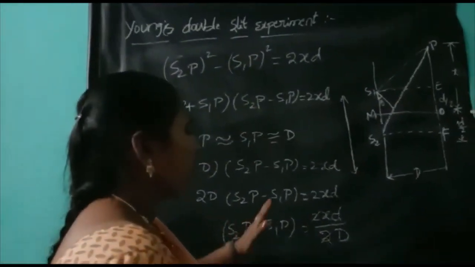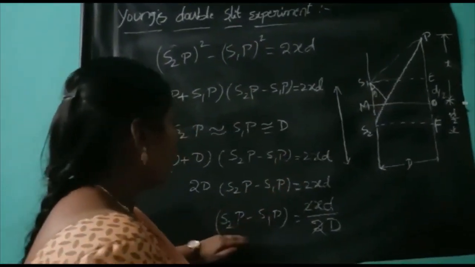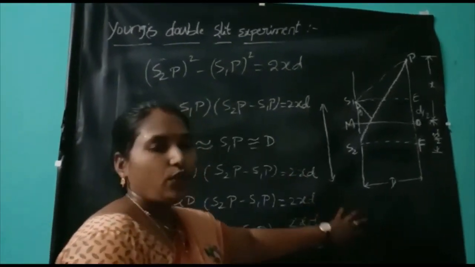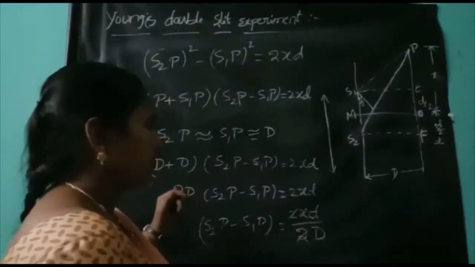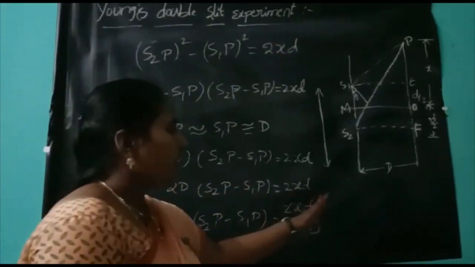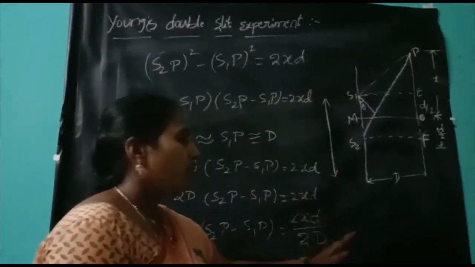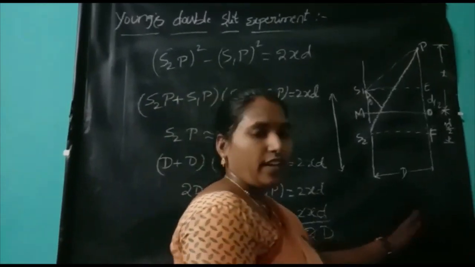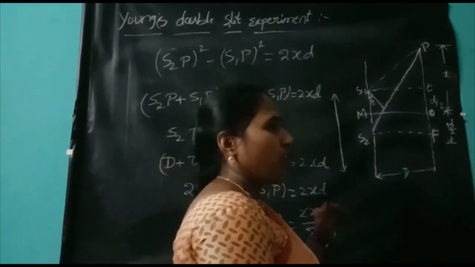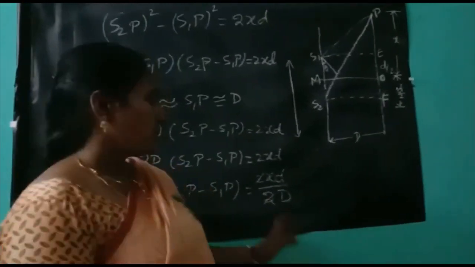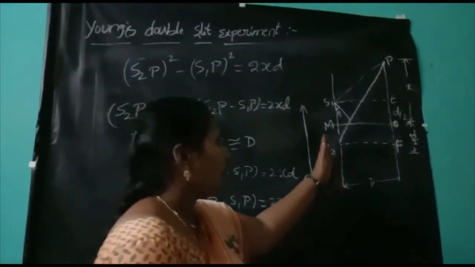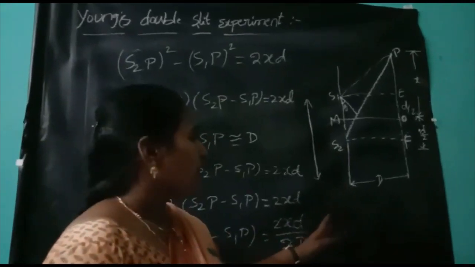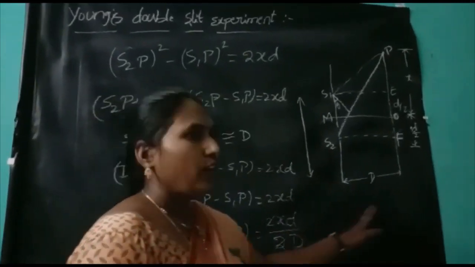From this equation we got the normal condition for bright fringe to dark fringe. Now we will apply the same condition for the bright fringe to dark fringe.